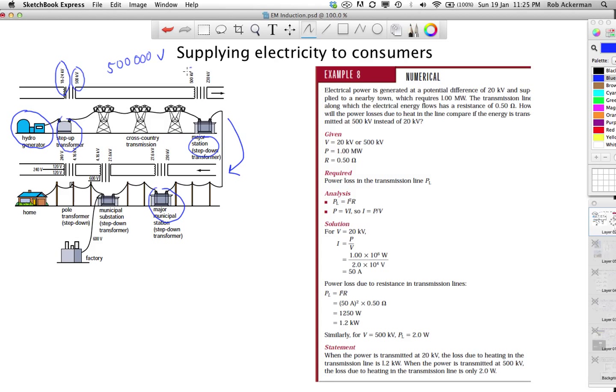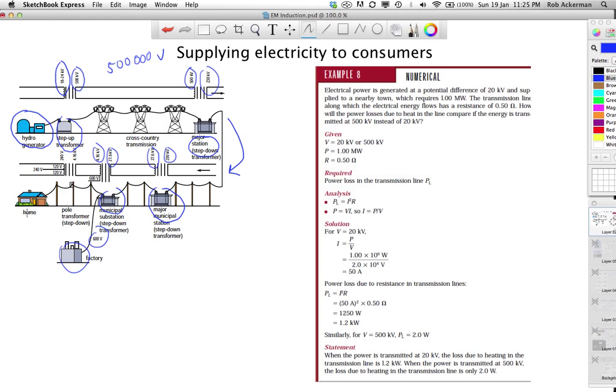So we've gone from 500,000 volts to about 250,000 volts, now down from 250,000 to maybe 20, 30,000 volts. We step down again, and now we're into the 4,000 volt range. And then they show you maybe 600 volts for a factory where there's some high voltage equipment.